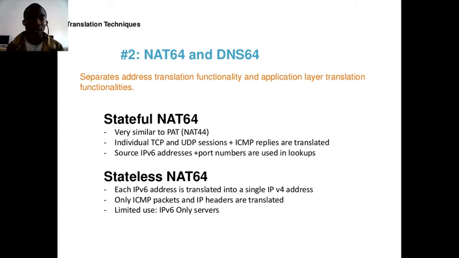But what this one does is it has separated the two functionalities, and this is giving us so many benefits, and that is why it is recommended that we use this method. And you can implement NAT64 as stateful or as stateless with the characteristics as you see.